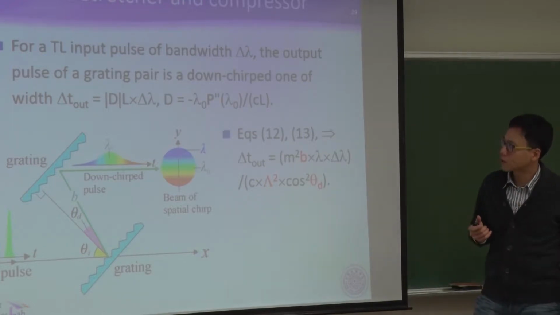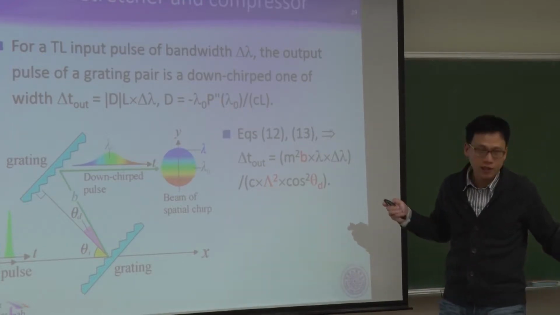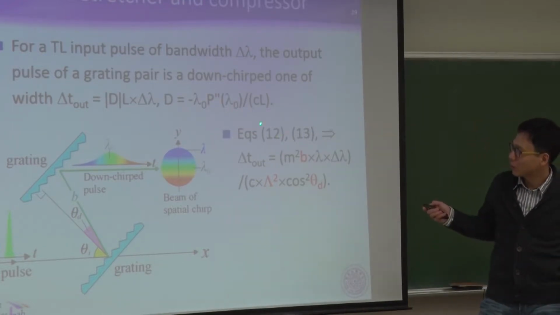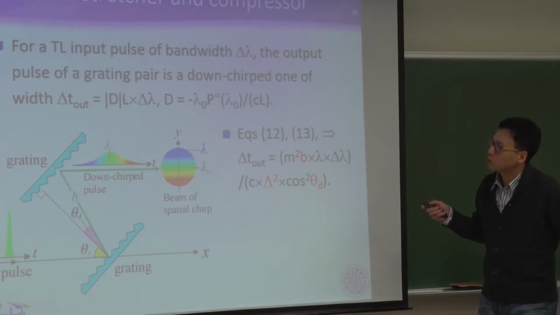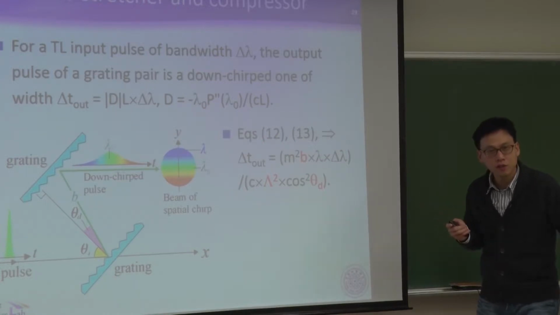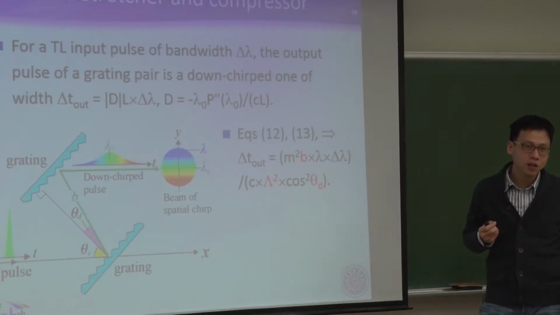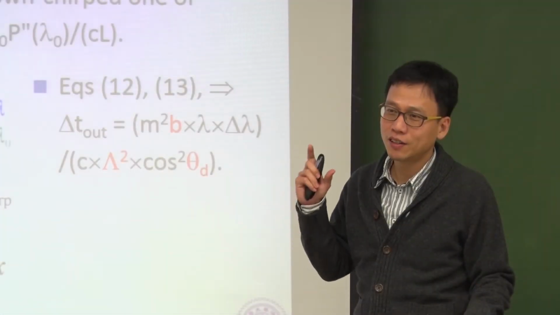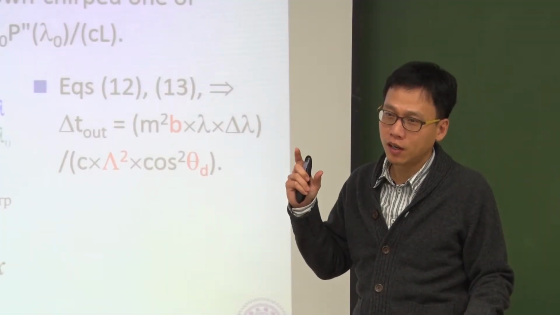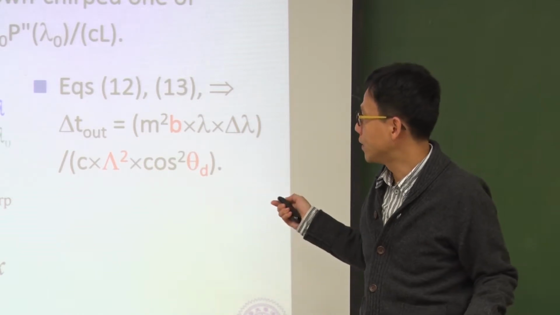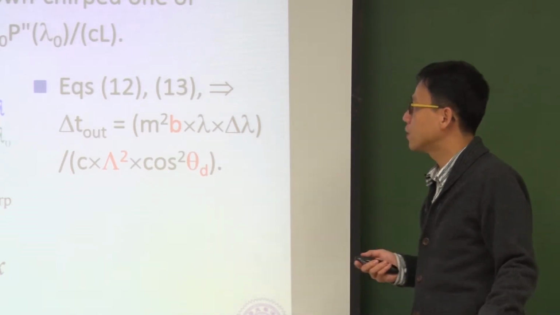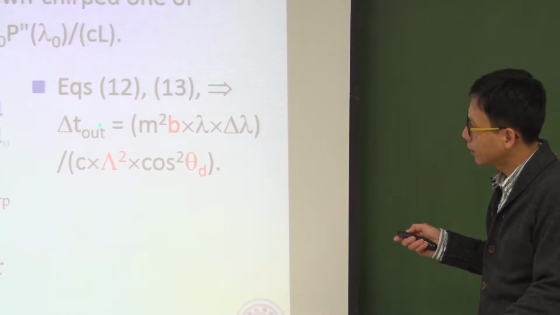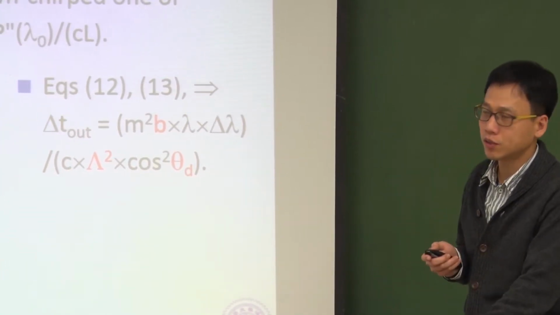But where is the formula of path length? It's in equation 12 earlier. And if you want to perform second order derivative, you need to use equation 13. It's about the angular dispersion, a diffraction angle derivative with respect to wavelengths. Okay? Substituting equations 12 and 13, you can calculate output pulse duration.